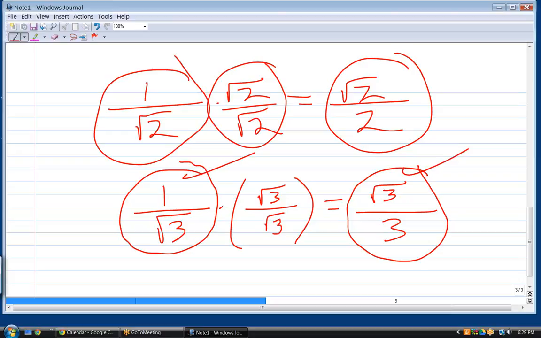The difference is this has a rational denominator, this does not. You will never see this as an answer on any kind of a multiple choice test. They're never going to give you 1 over square root of 3, because that violates the rule, which is do not put irrational numbers in the denominator.